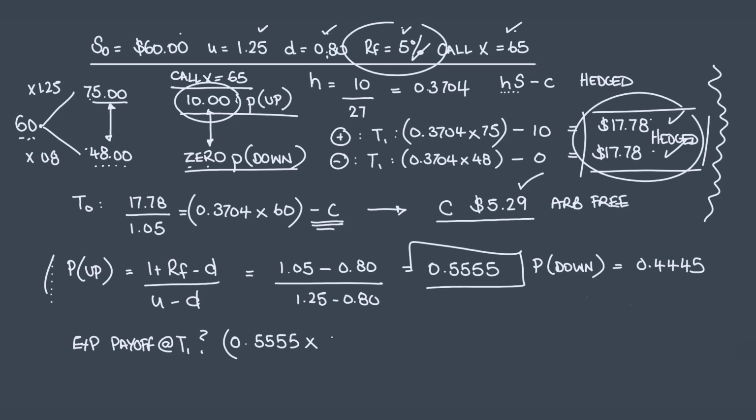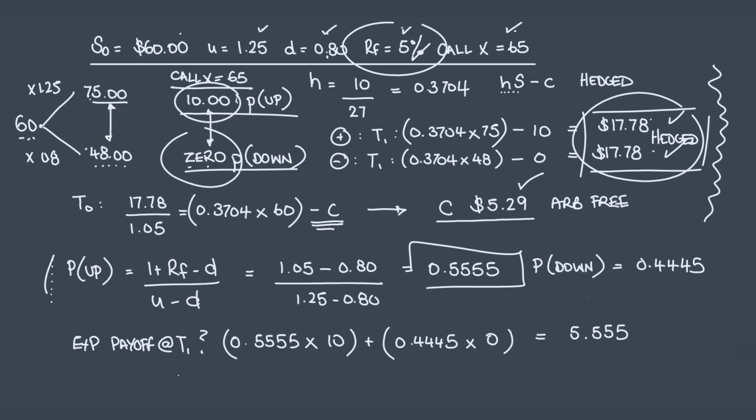It is 10. Plus probability of a down move, payoff of a down move, so obviously didn't need to calculate this, but just for completeness, it is 0. That tells us the expected payoff on the option at T1 is 5 and a world of 5s.